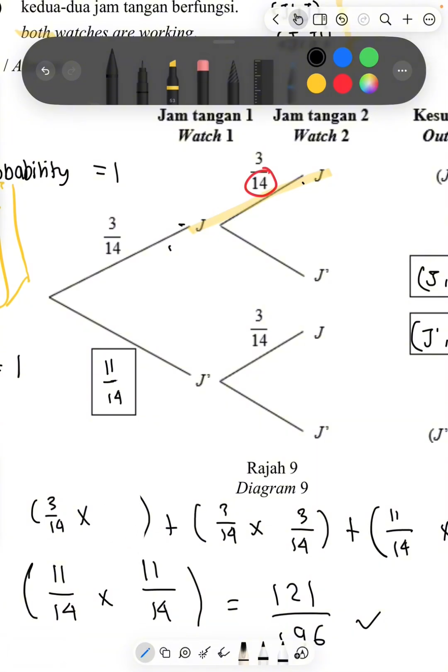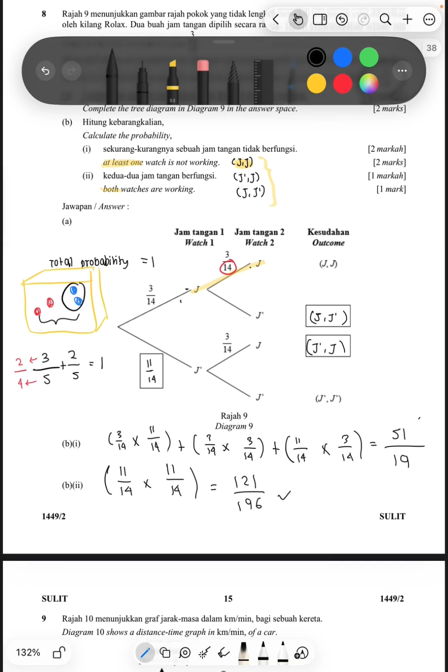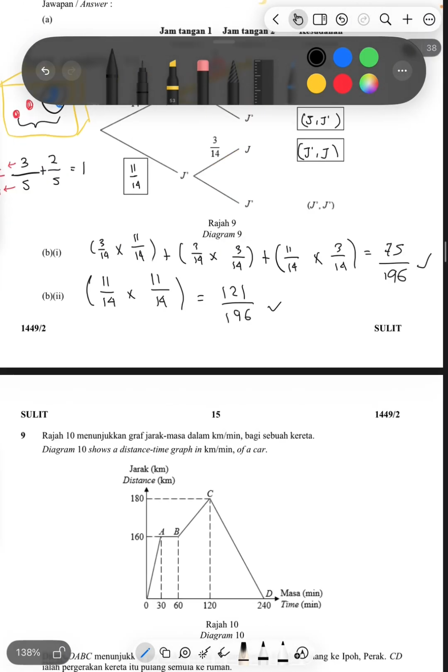Betul lah. My bad. I forgot about the 11 over 14. So let's click again. 3 over 14 times 11 over 14 plus 3 over 14 times 3 over 14 plus 11 over 14 times 3 over 14. You get 75 over 196.